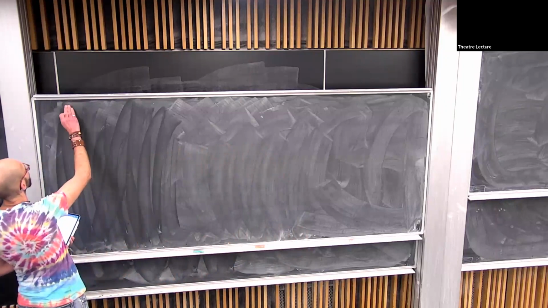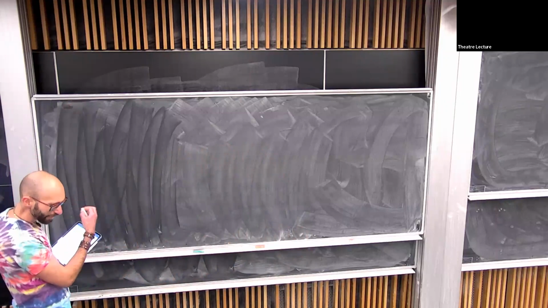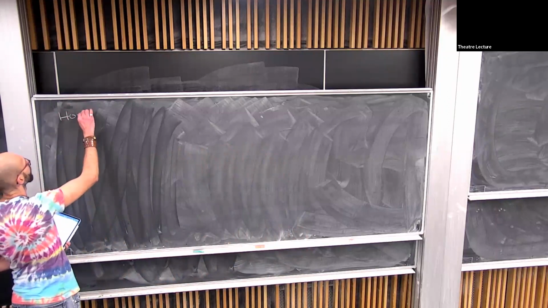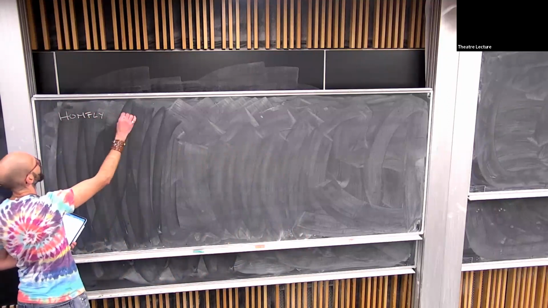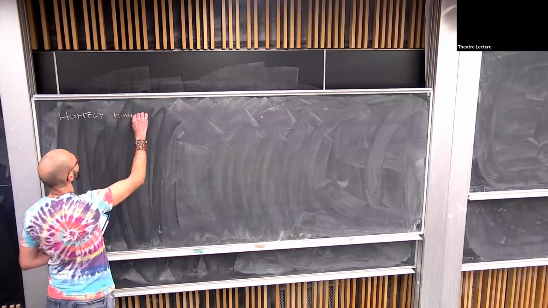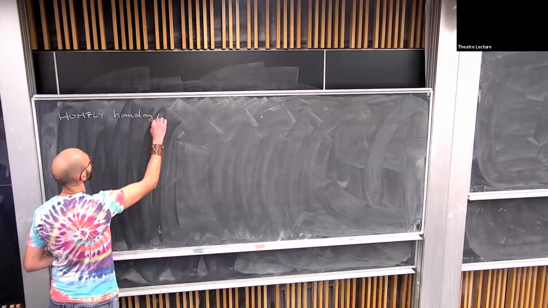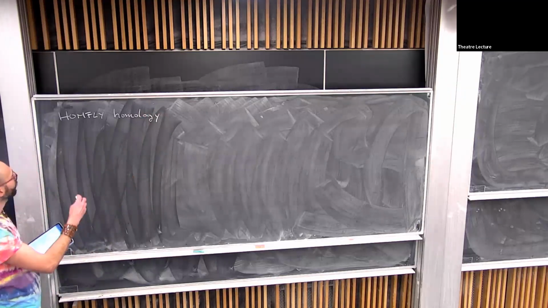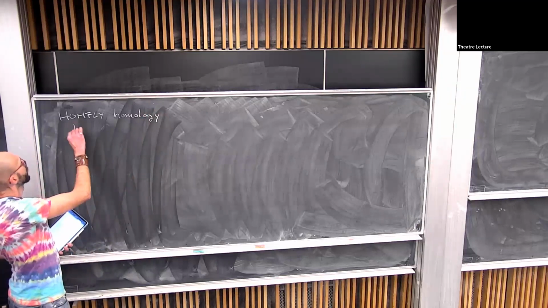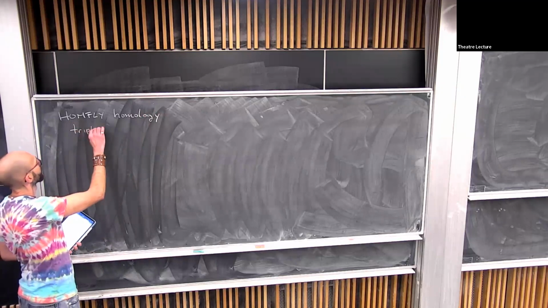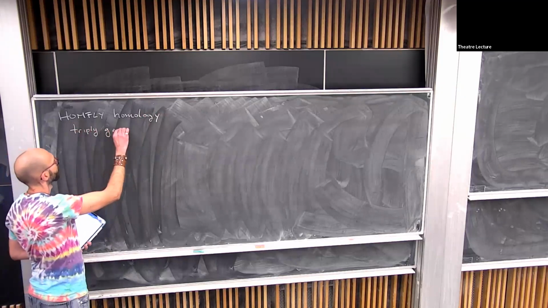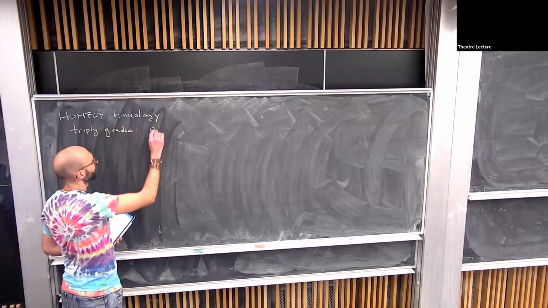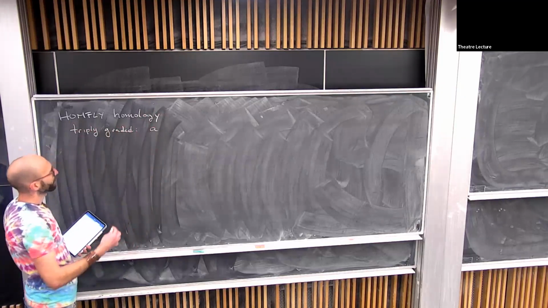The sort of knot homology I'll be discussing is Khovanov-Rozansky homology. So this is triply graded. There's what I call an A grading.